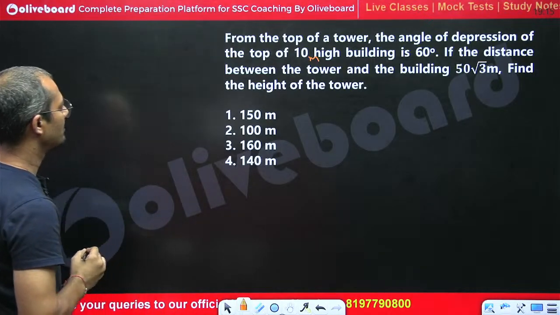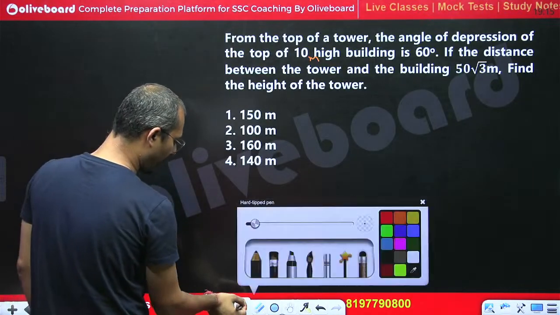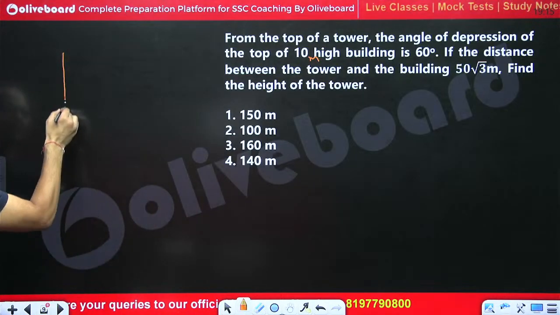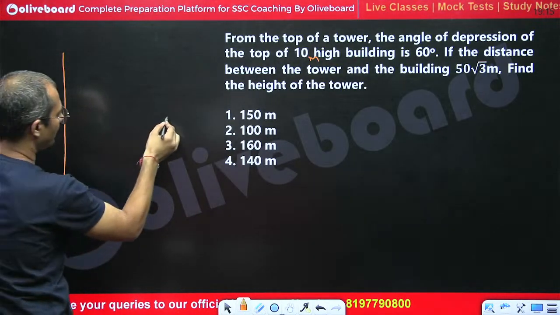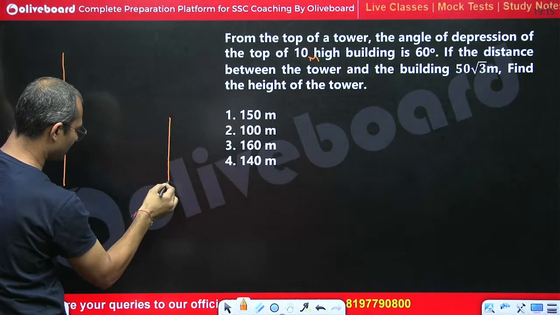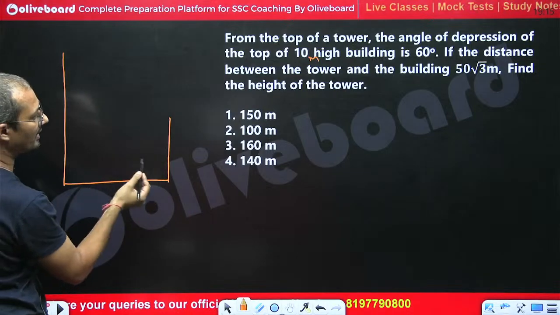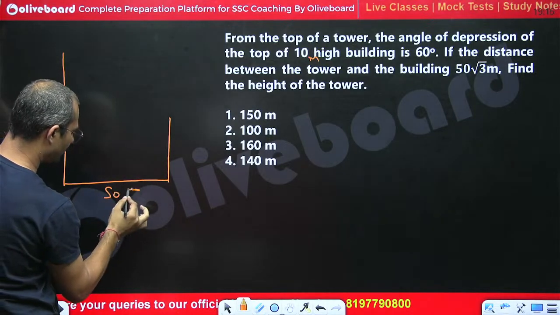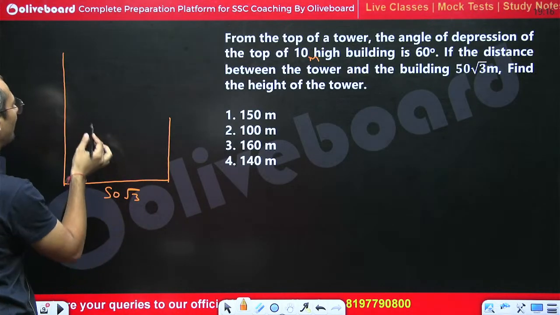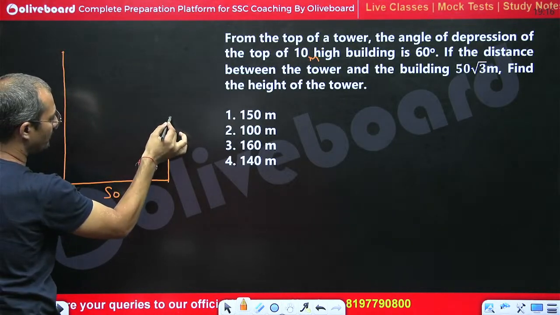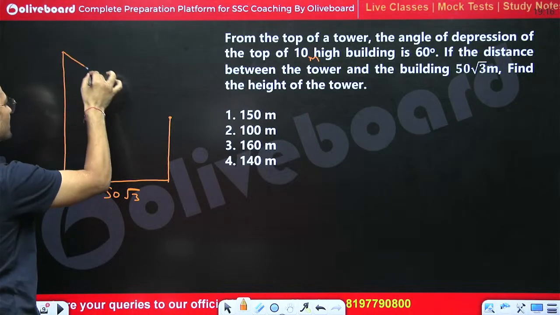See here we are given a tower and a 10 meter high building. We can take the tower as this and the 10 meter high building as this, and the distance between tower and building is 50√3, right? The angle of depression from the top of the tower to the top of the building is given as 60 degrees.